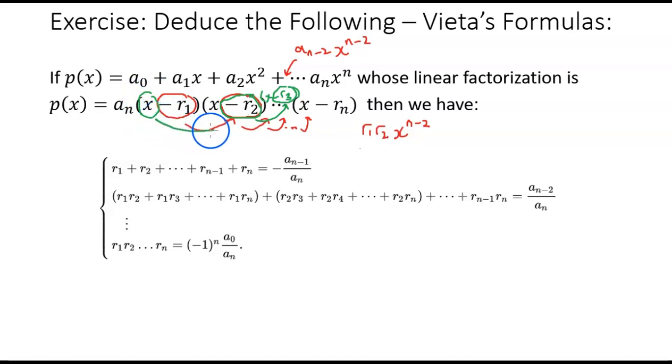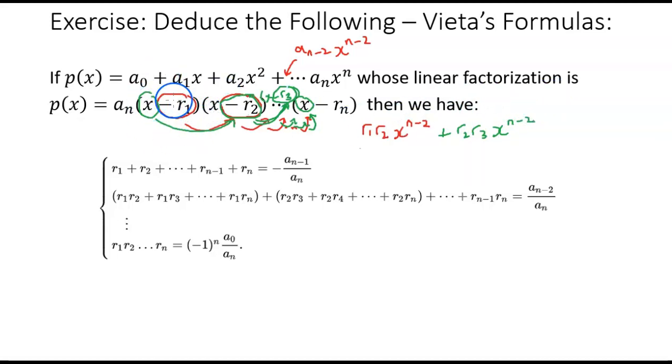So it'd be x times negative r2 times negative r3, which is just r2 times r3. And then the rest of them are all x's as usual until finally we get to the last one, which is an x. So that would be positive r2 r3 x to the power of n minus 2.